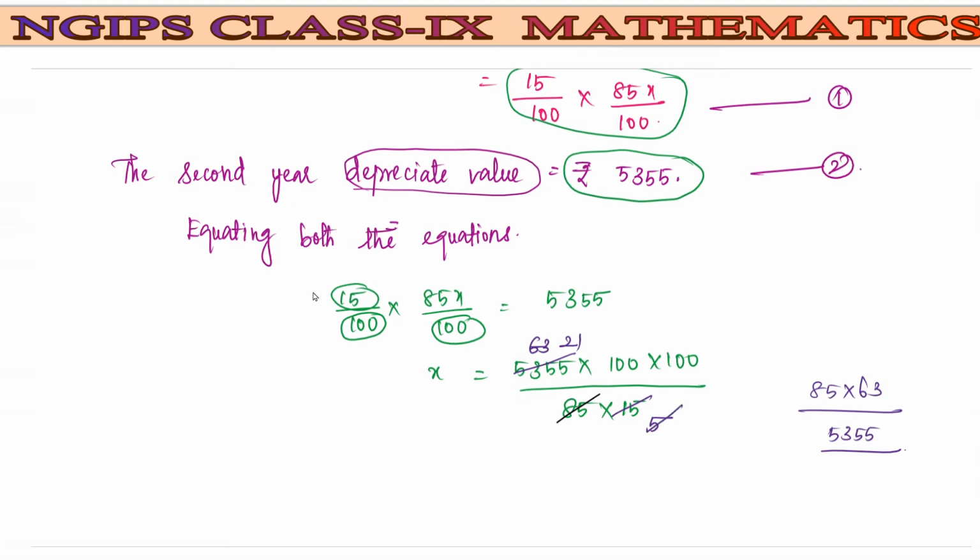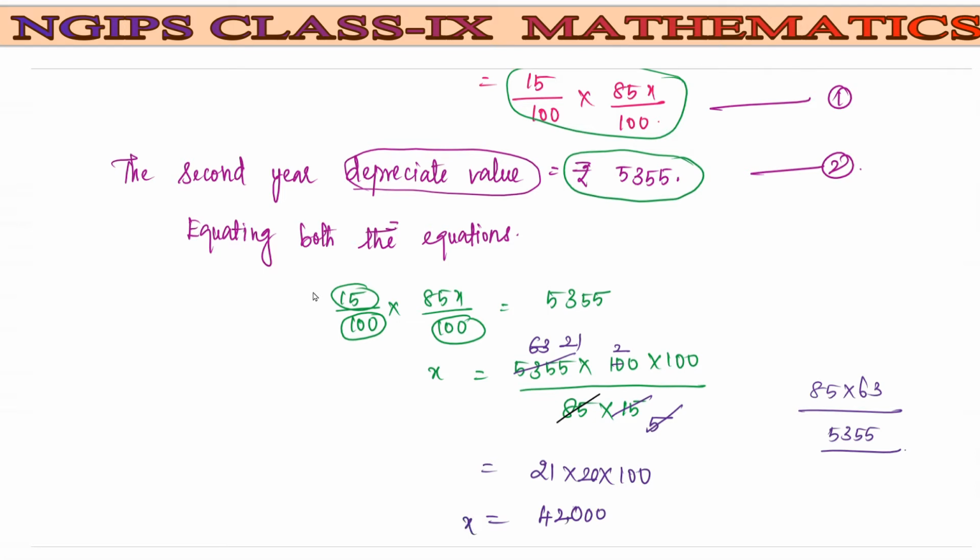Again 1 five is 5, 2 fives are 10. So left over here is 21 into 2 into 100. Finally, if we simplify, 21 into 2 is 42, and with three zeros, we got 42,000 as the x value.